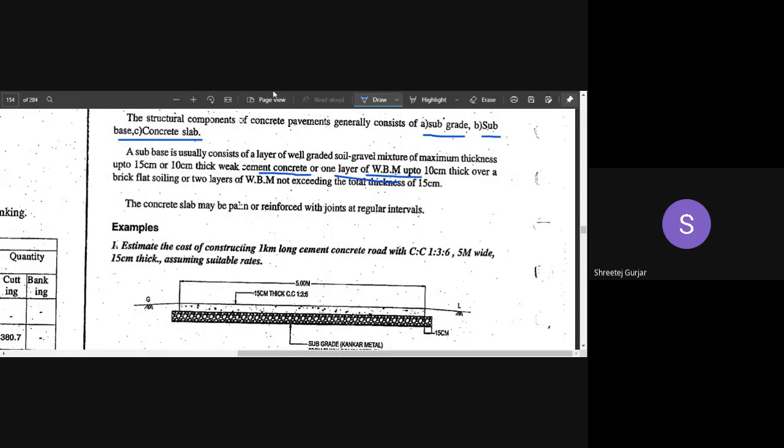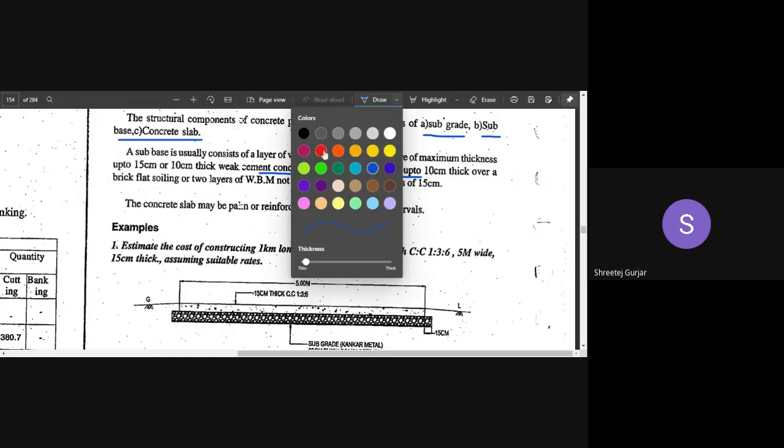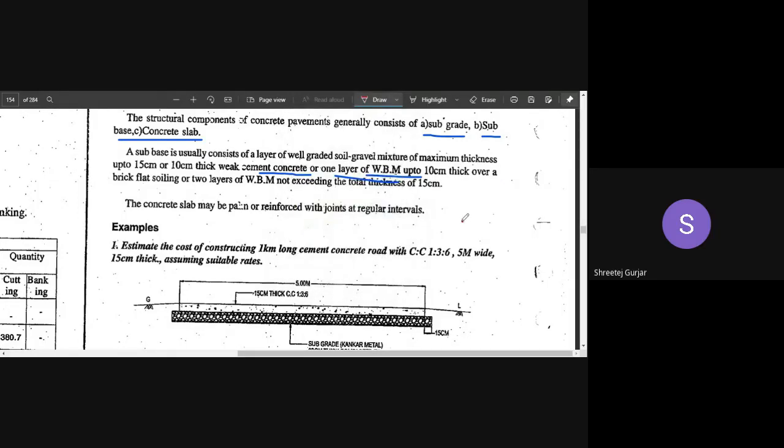So what do you mean by this WBM? Can anyone recall? I'll give you a hint. W is water.